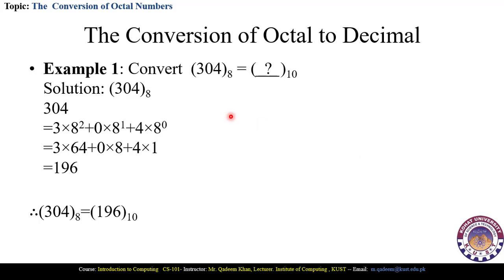There is a very simple procedure. For example, we have 304 to the base 8 is equal to an unknown decimal number.